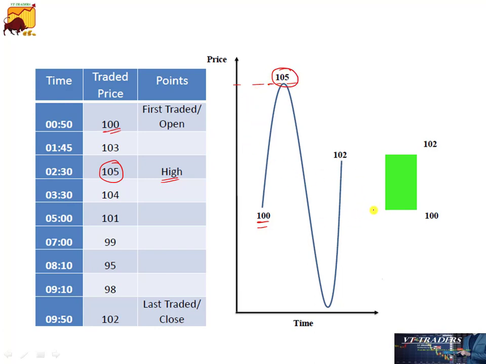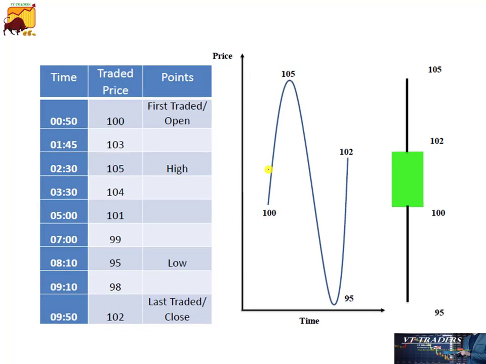Once again we mark here open price 100, close price 102, the last trade price. We see here this is the 100 open price, close price 102, high price 105 and low price 95. So in between, the price is moving.